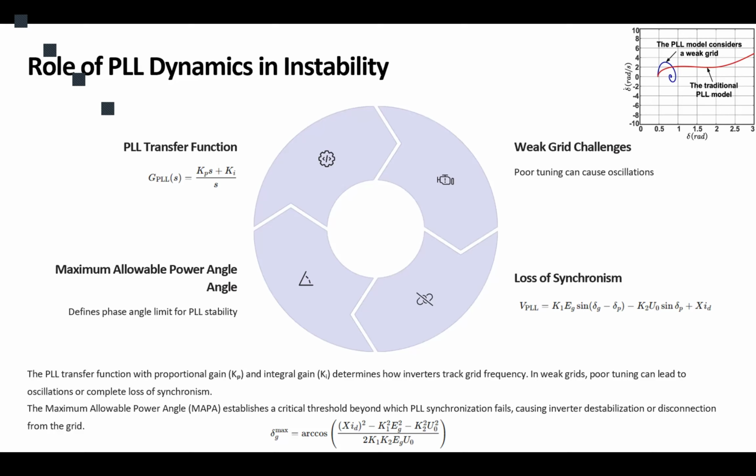Because it's setting nodes or controlling them. Both of them are controlling. Okay, the PLL is controlling the frequency or synchronizing the inverters to the grid. That PID controller is meeting the load demand, and addresses the change in the load.